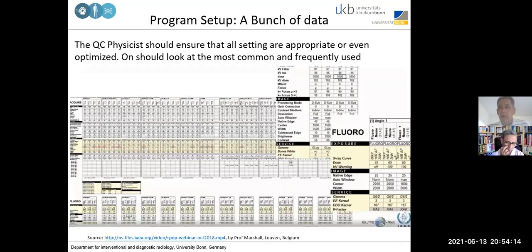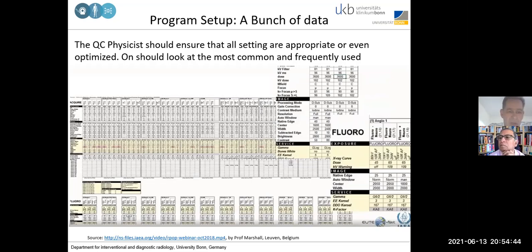And free yourself from controlling everything. There's a bunch of data, and you could not assure of every program if the settings are appropriate or even optimized. Only look at the most common and frequently used ones. Otherwise, you will feel lost. This is something I got from a talk by Professor Marshall from Leuven in Belgium.